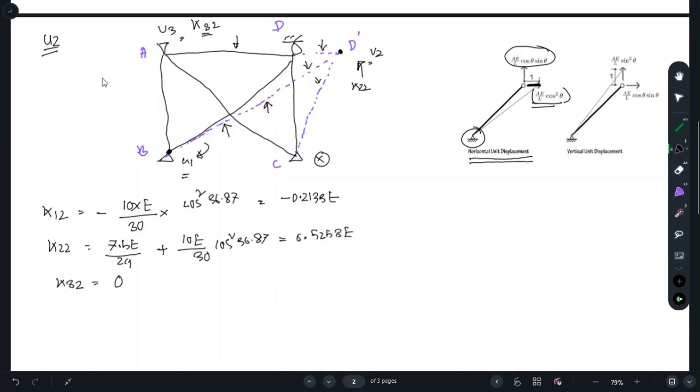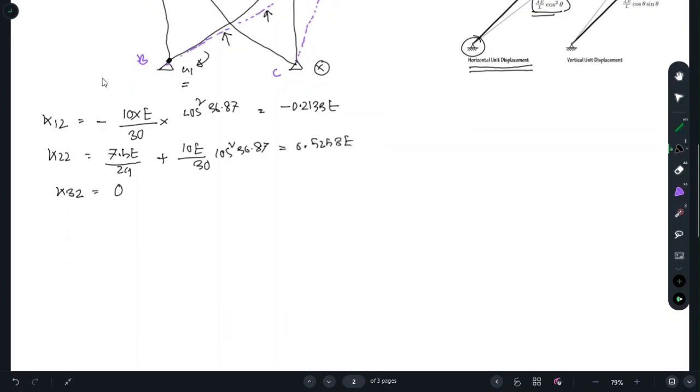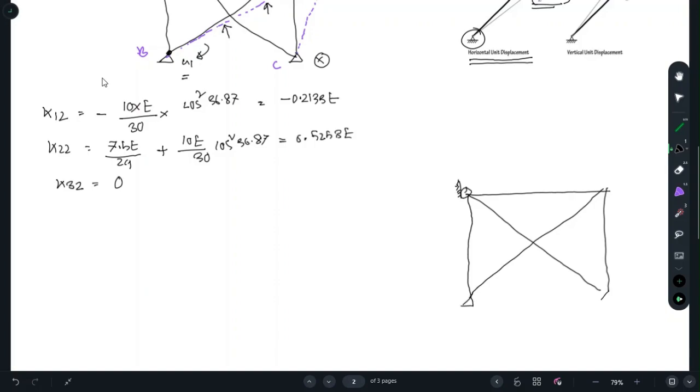So the next thing is to find out stiffness for this one. First of all, let's draw this. We will find out vertical displacement at this point. So we will allow only this one, and other support will be pinned.